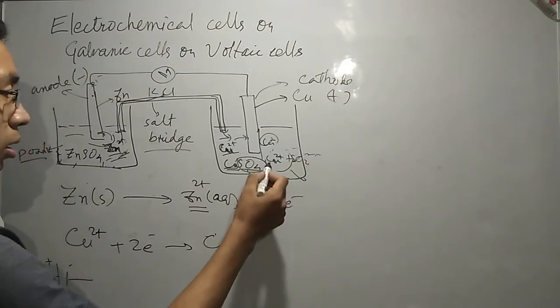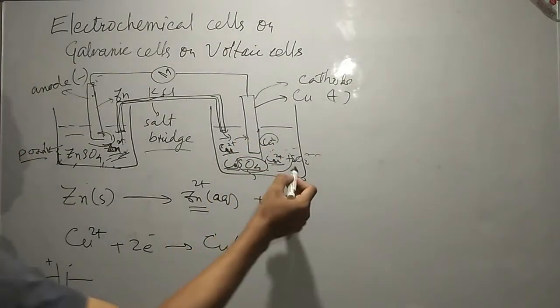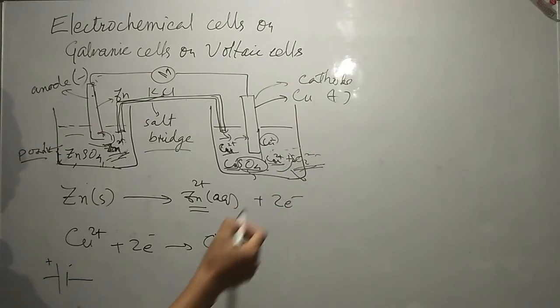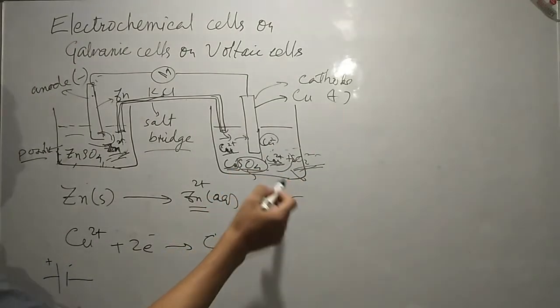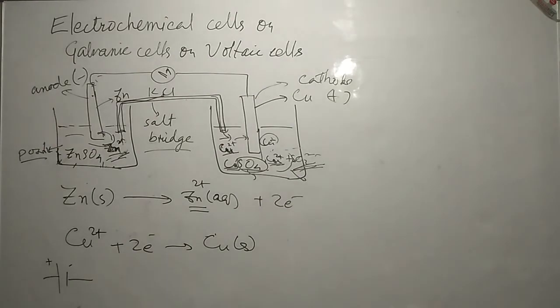The Cu2+ are getting reduced to Cu, so there will be fewer Cu2+ and more SO4 2-, hence it increases the concentration of negative charge in this particular beaker. So it does not maintain neutrality anymore in either container.